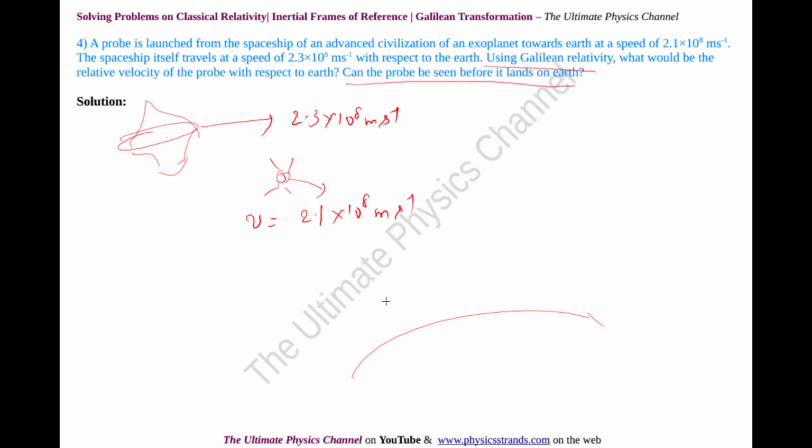Now, what is the velocity of the probe with respect to the Earth? According to the Galilean transformation equation for velocity, in the S prime frame of reference, ux prime is equal to ux minus v. Here we are fixing the frame of reference.